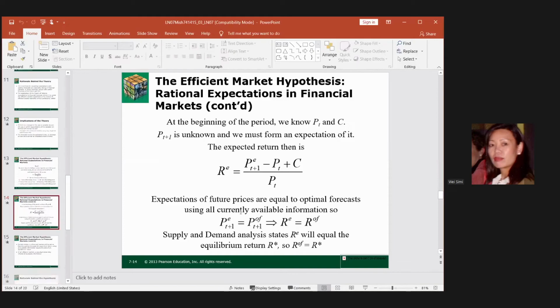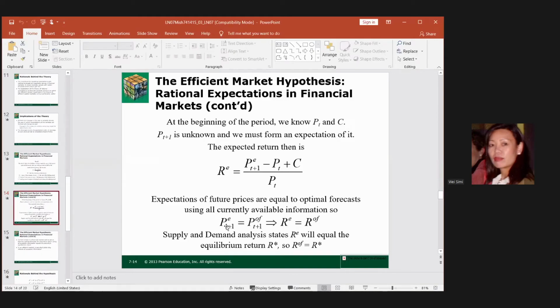Okay, so here it is. Next period, our expected price should be equal to our optimal forecast price. That's how you get the expectation, right? Remember, your rational expectation is based on your best optimal forecast. Therefore, they're equal, right? So in the next period, they're equal.